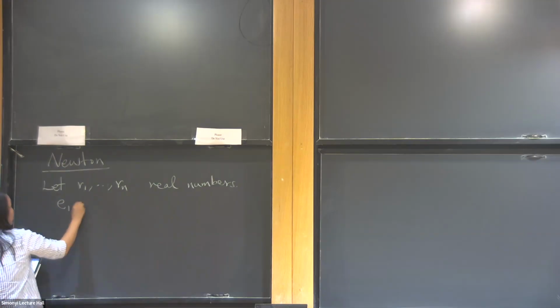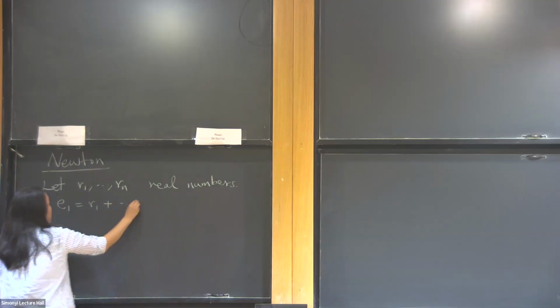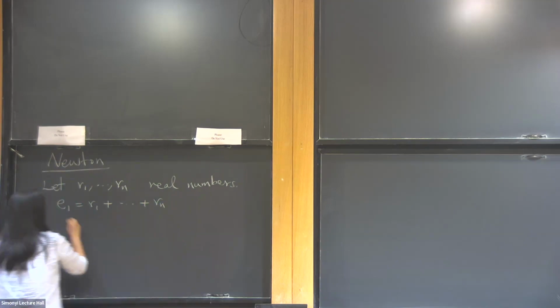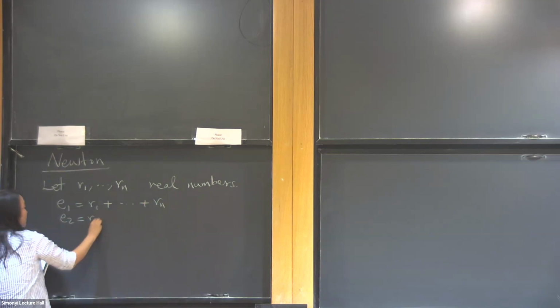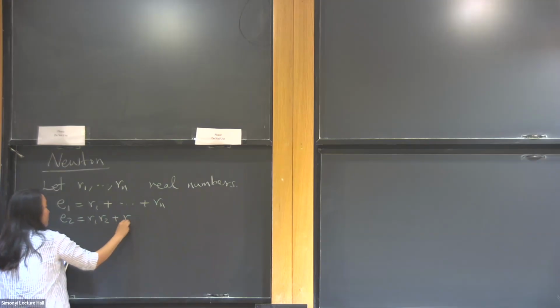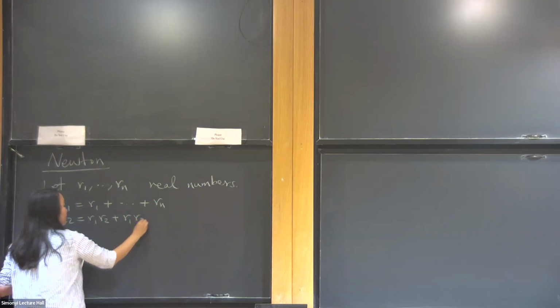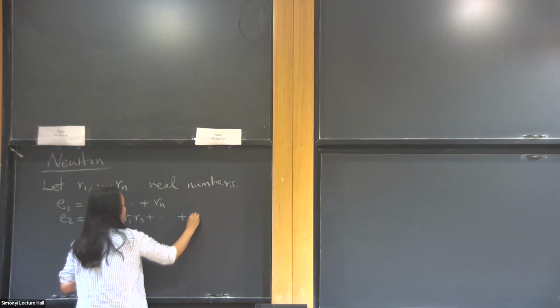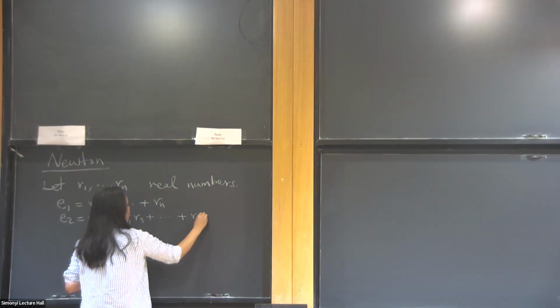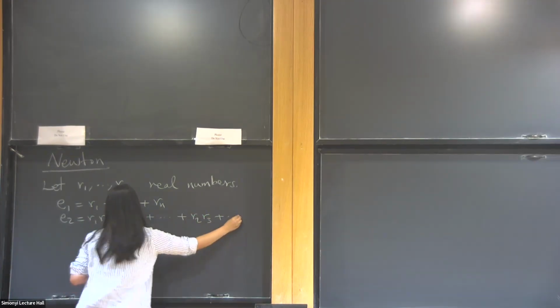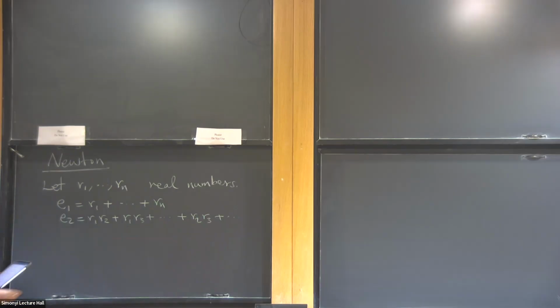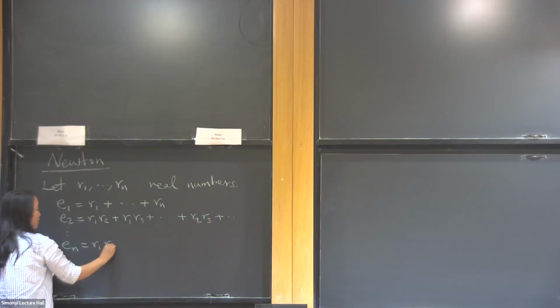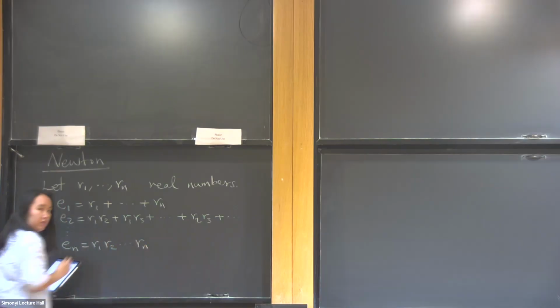So e1 is just the sum of them, and e2 is the sum of products of two at a time, and e3 is three at a time, and so on, up to en, which is the product of all of them. Okay, so these are elementary symmetric functions.